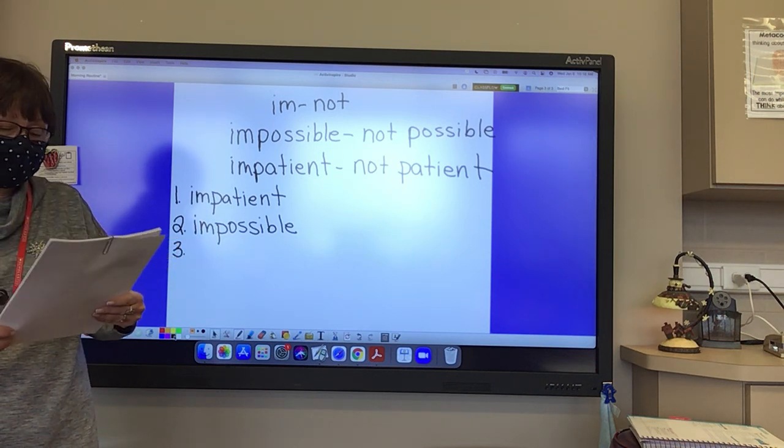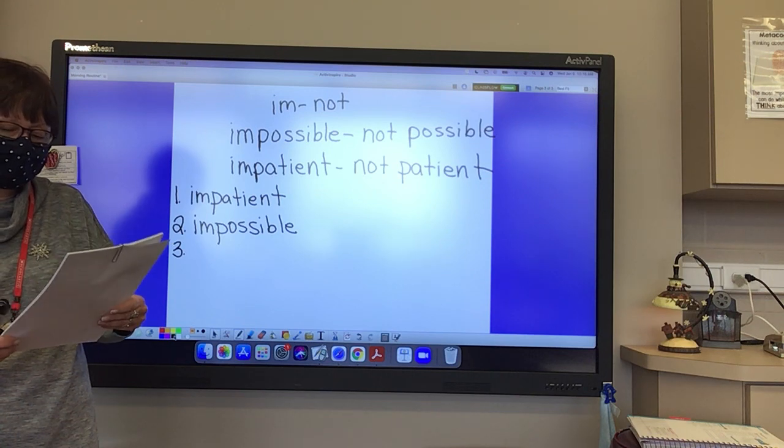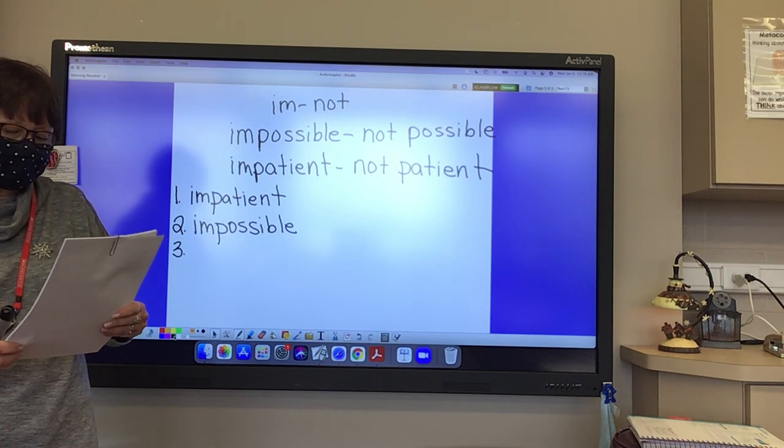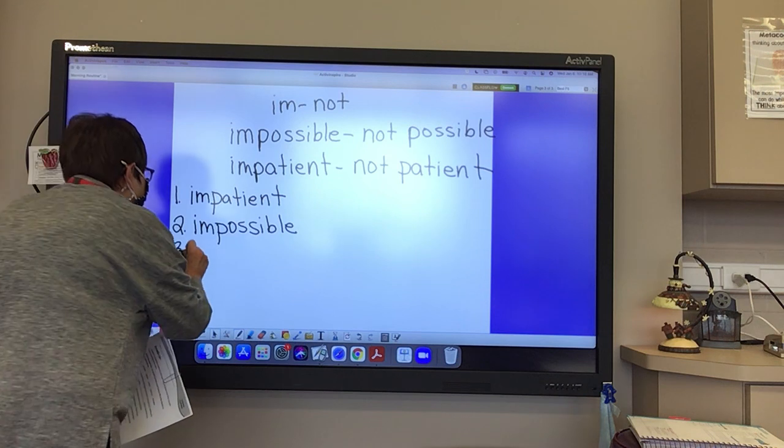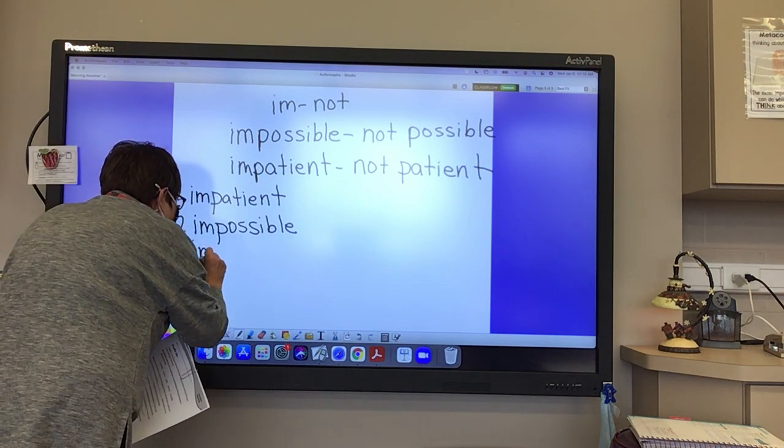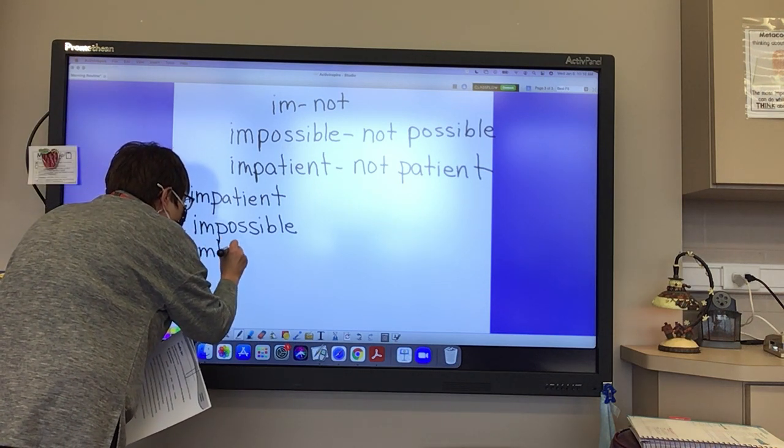Imbalance. I think maybe that could be right. There's an imbalance of work here. Imbalance. Not balanced.